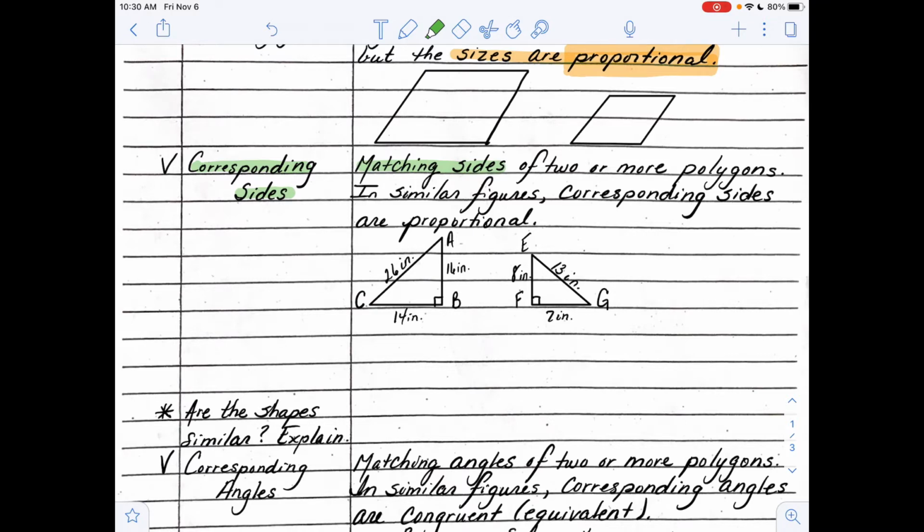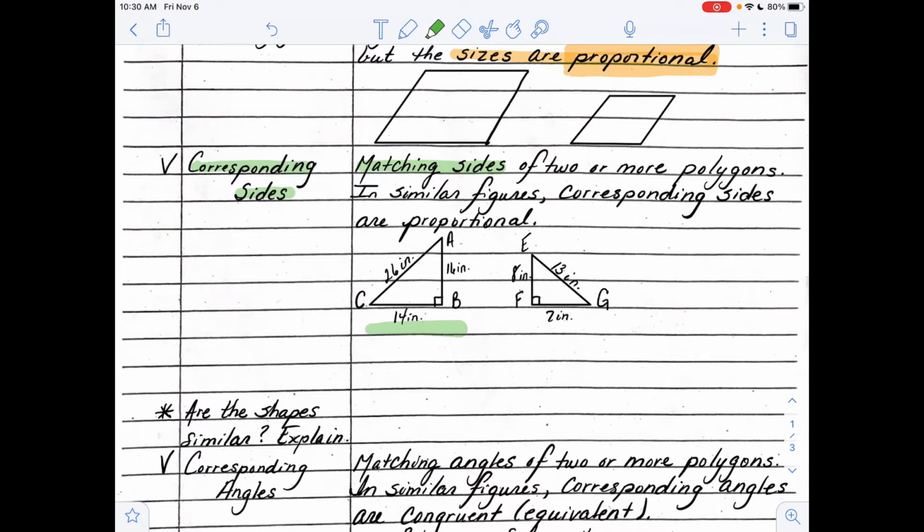It would be like if I could take this first shape right here, shrink it down, and even flip it over so I can lay one shape directly on top of the other. And the sides that would actually line up are called corresponding sides.